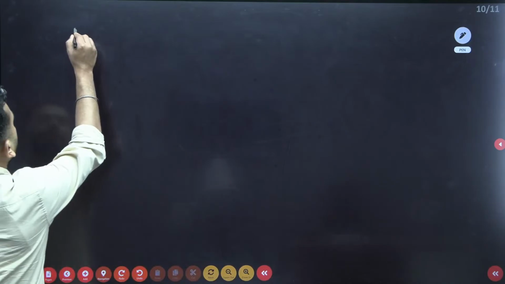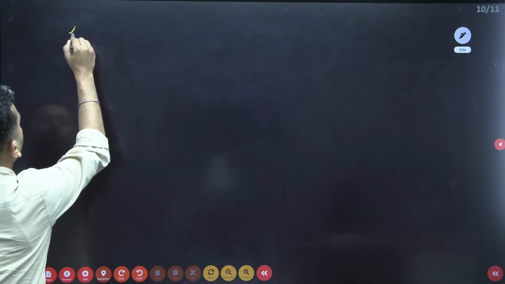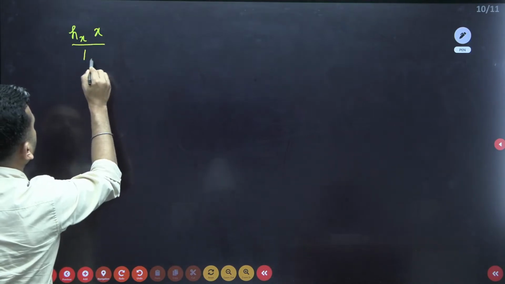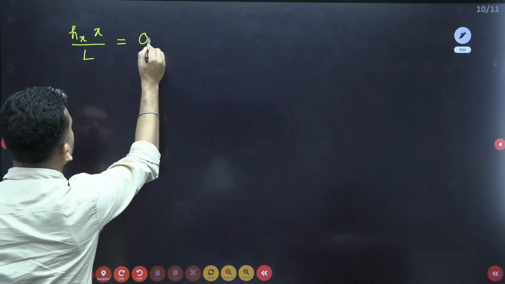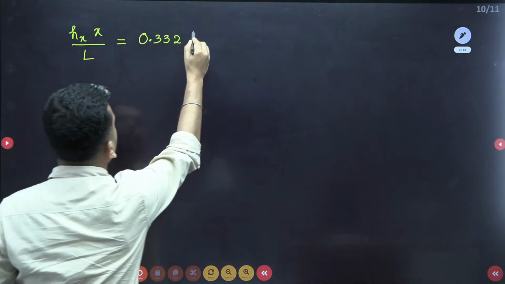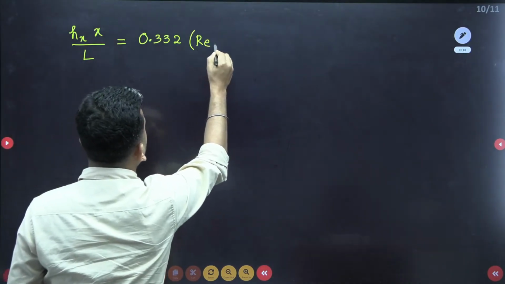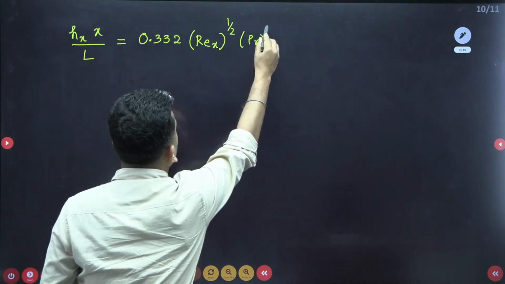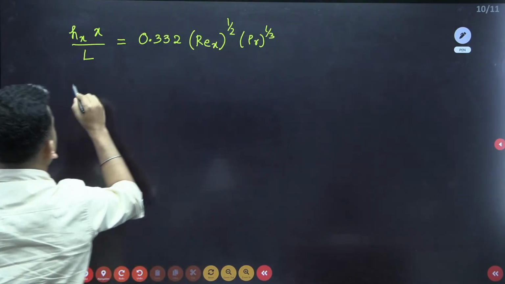Now, my dear friends, we know this equation that h_x into x by k is equal to 0.332 Reynolds number x to the power 1 by 2 Prandtl number to the power 1 by 3. This equation you already know.